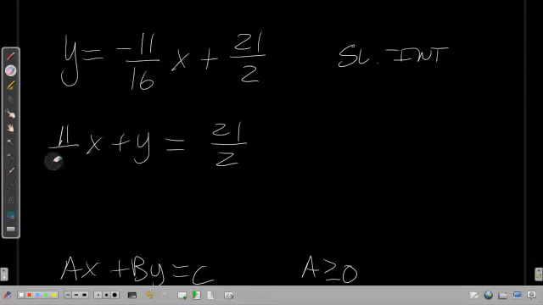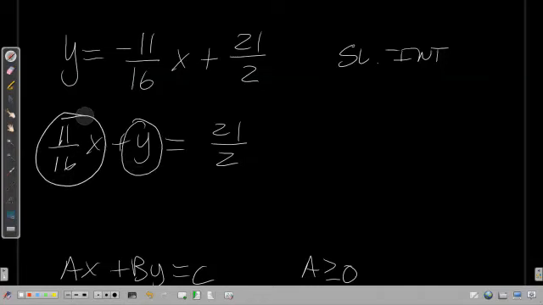Look around at your denominators. Choose the biggest one. The biggest denominator is 16. Multiply everything by 16. 16 times this, 16 times this, and 16 times this. It won't have any more fractions once you do that, because 16 times this is necessarily 11x. The 16s will cancel.